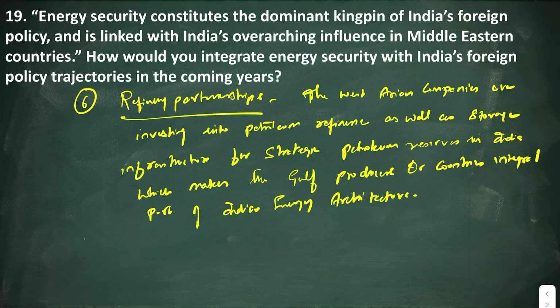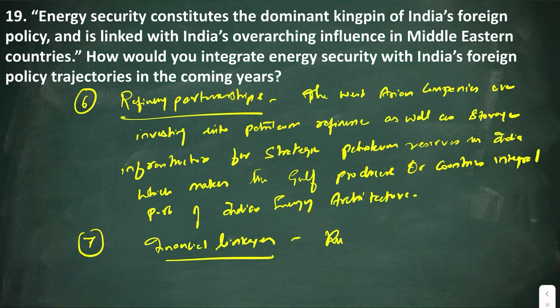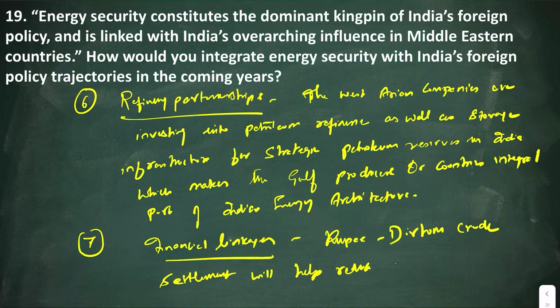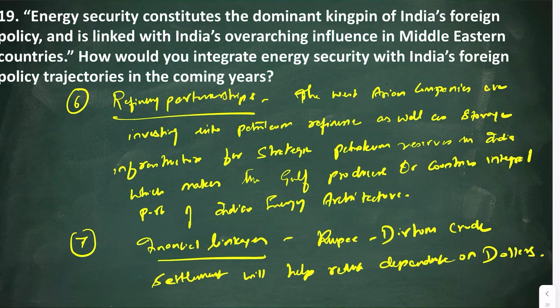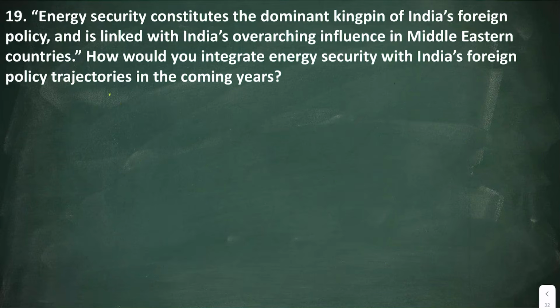This is refinery partnerships. The seventh keyword is financial linkages. Okay, here you can say rupee dirham crude settlement will help reduce dependence on dollars. So this is about financial linkages. The eighth one you can say is technological linkages.